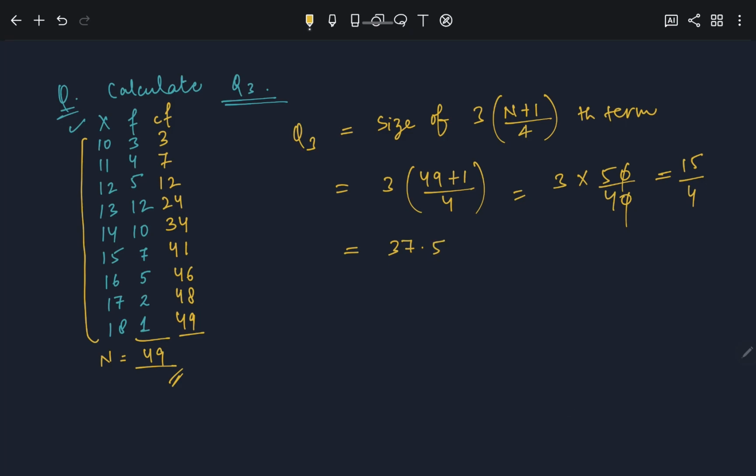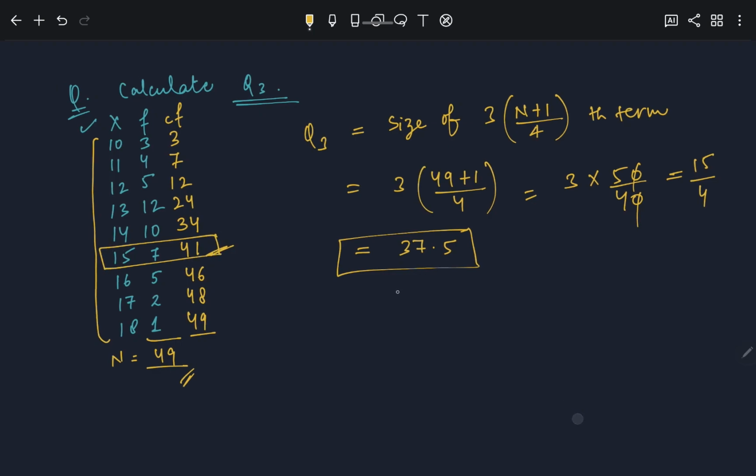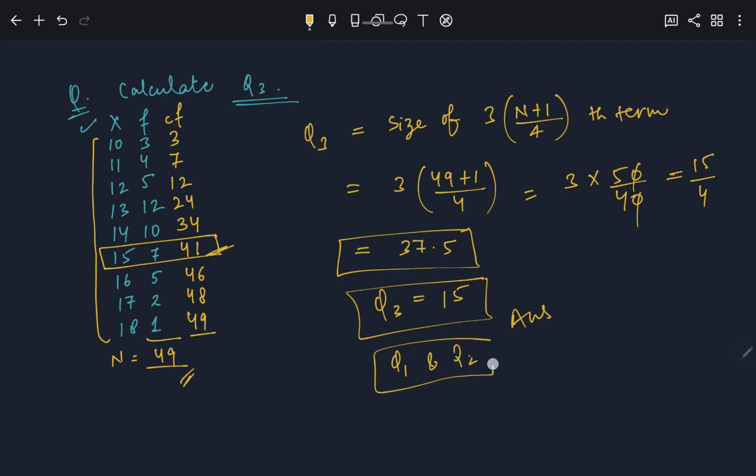Now we will look for the cumulative frequency greater than 37.5, which is 41. So our Q3 will be the corresponding value, 15. So Q3 is equal to 15 is our answer. And you can calculate Q1 and Q2 with the same approach.